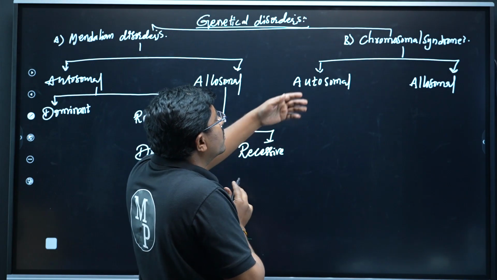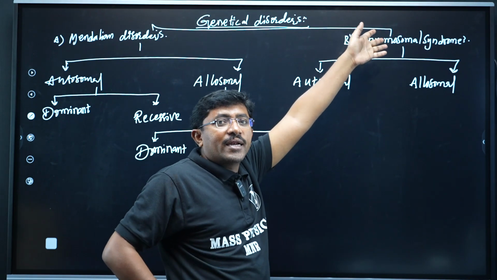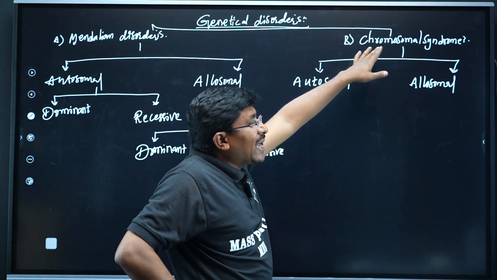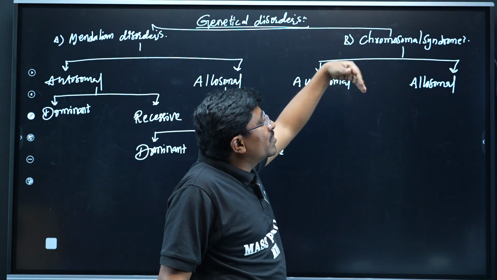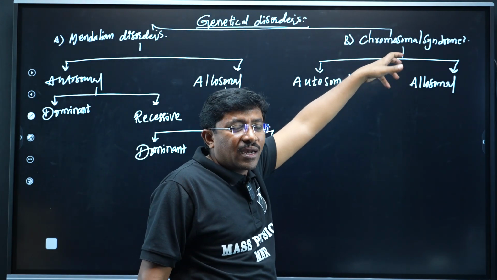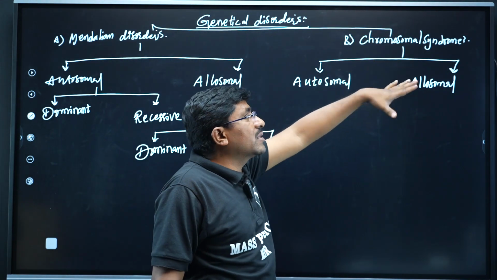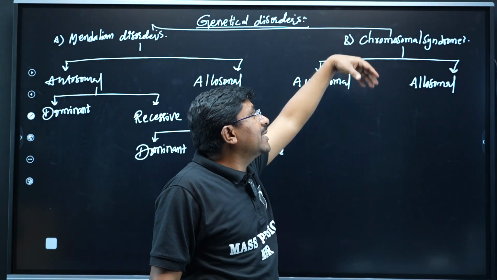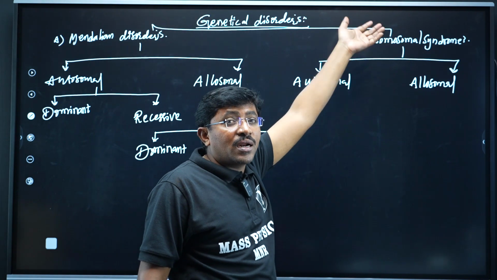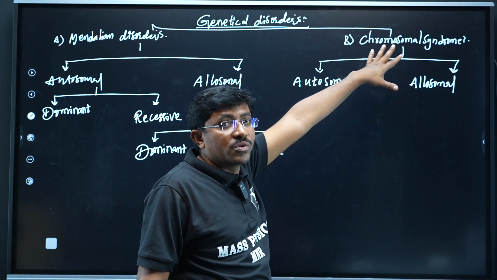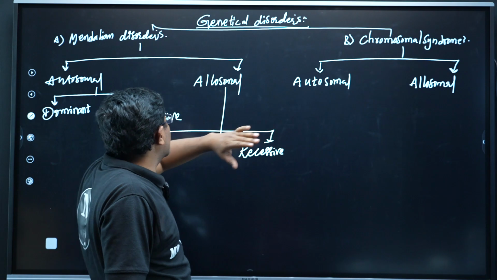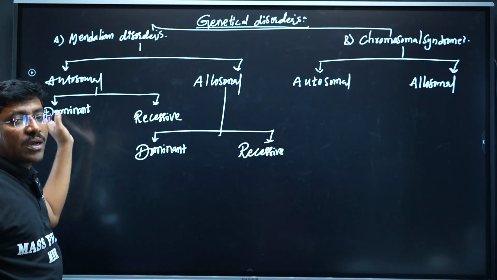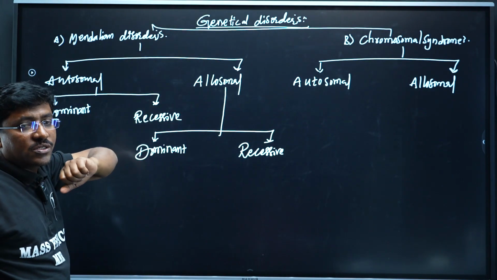And in chromosomal syndromes there is no dominant and recessive; it is completely an extra set of chromosomes, either loss or deletion, either loss or gaining. That's why it is not a gene defect. The problem is the presence of an extra set or the complete loss of a set of chromosomes. That's why we do not discuss dominant and recessive traits in this chart.